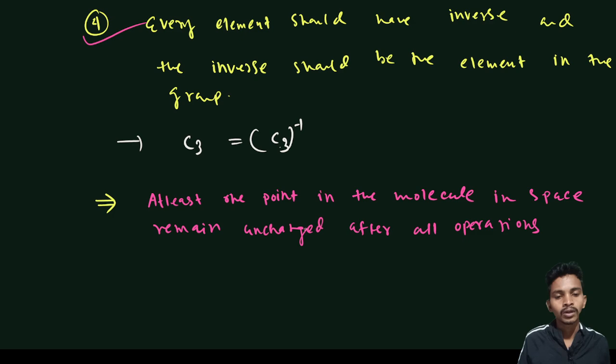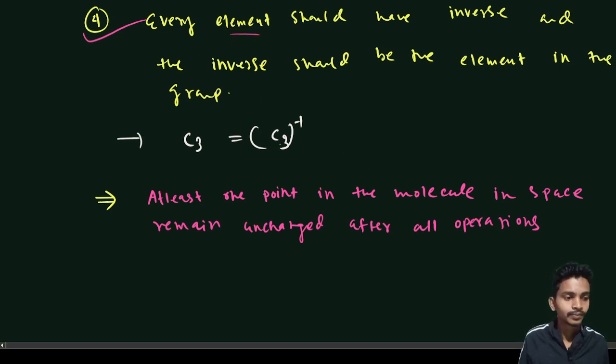That's why it is known as a point group: that point remains as it is, even if all the operations in the group are done. Elements mean operations, so if you do all the elements, that point still remains unchanged.